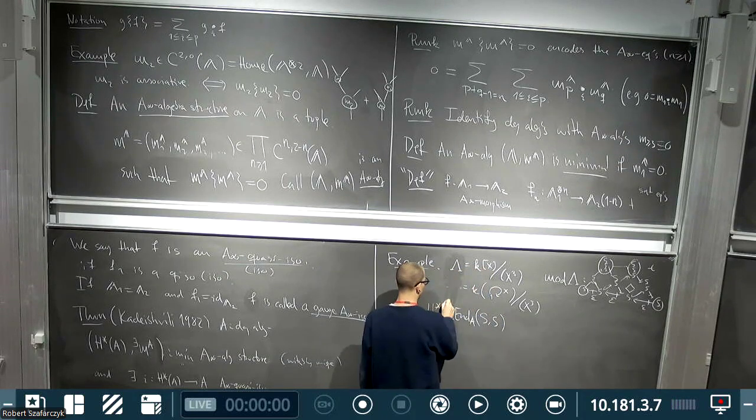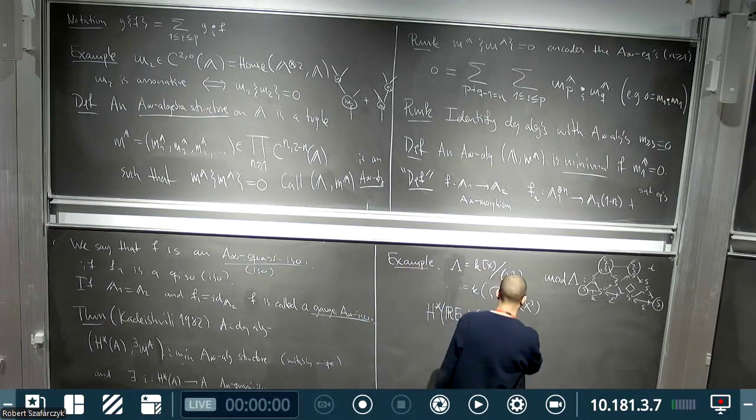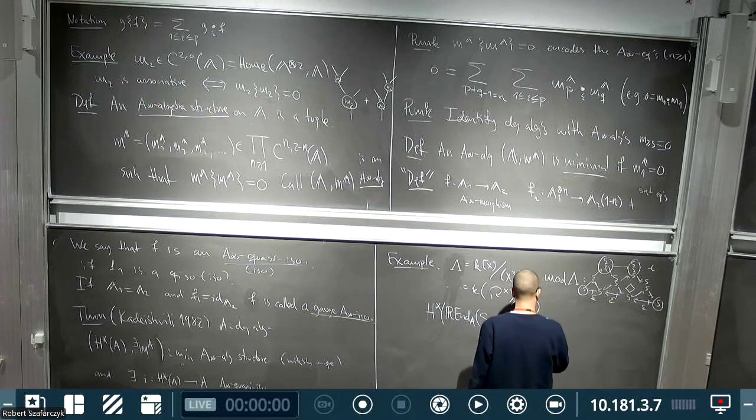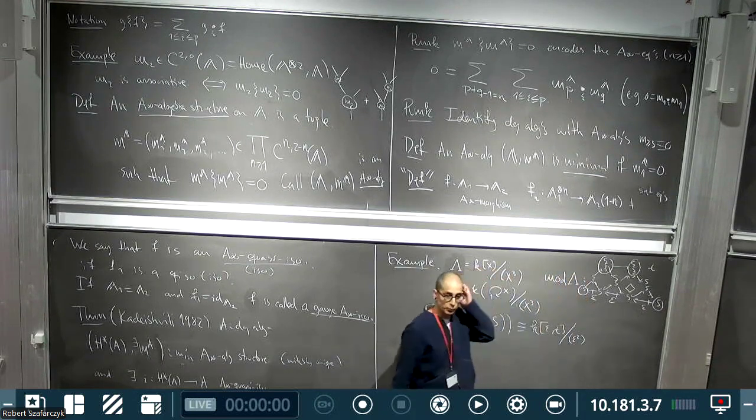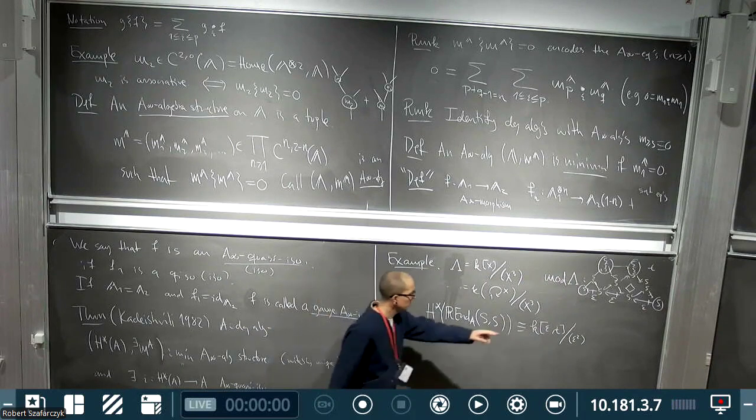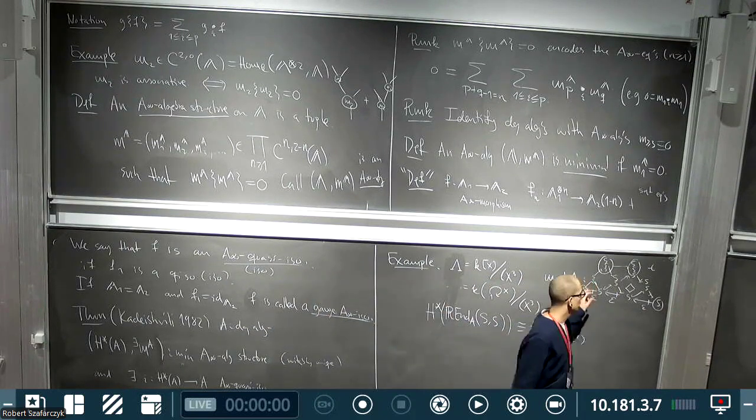And what I'm trying to explain is that its homology is isomorphic to K[epsilon, T] modulo epsilon squared. So epsilon squares to 0, but T doesn't.